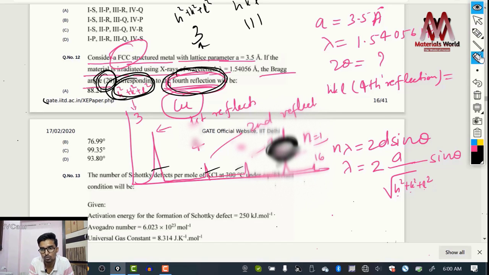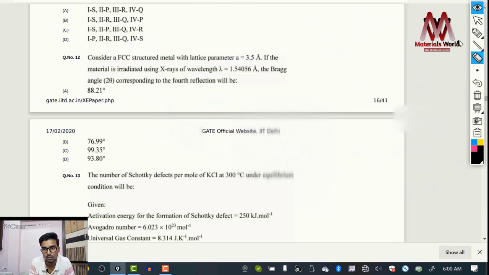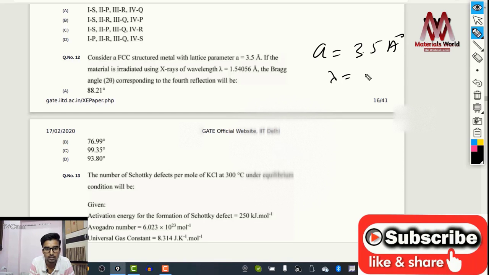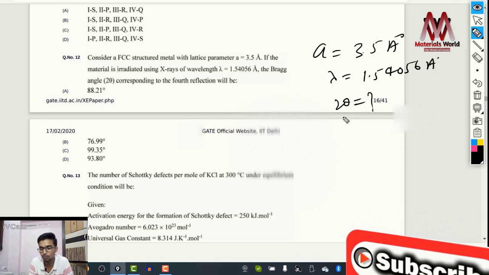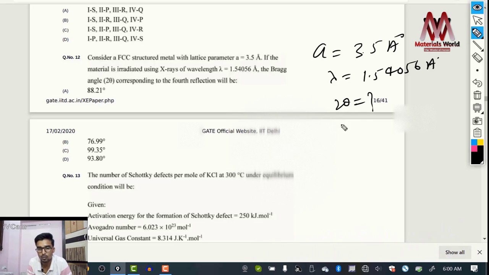Okay, so now you can solve for it. A is given as 3.5 angstrom and lambda is given as 1.54056 angstrom, and you have to find out 2 theta for the fourth reflection.